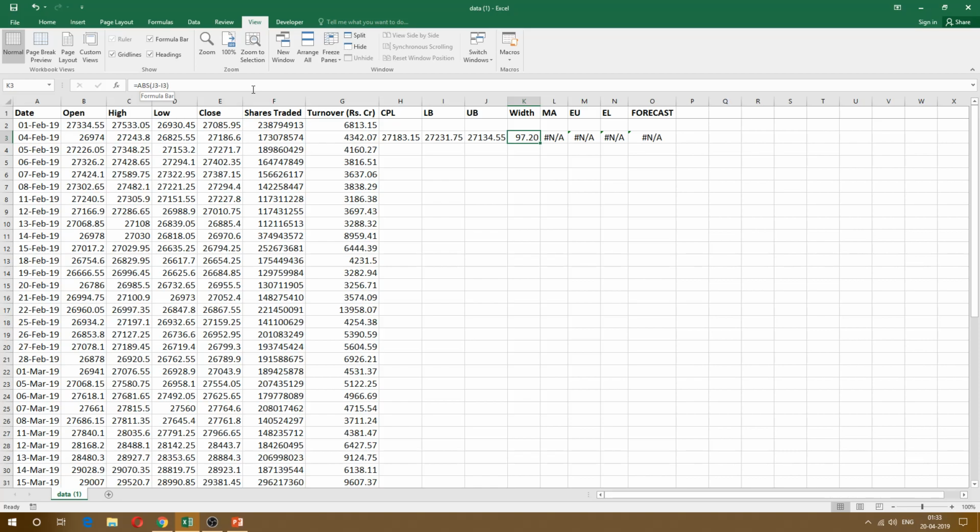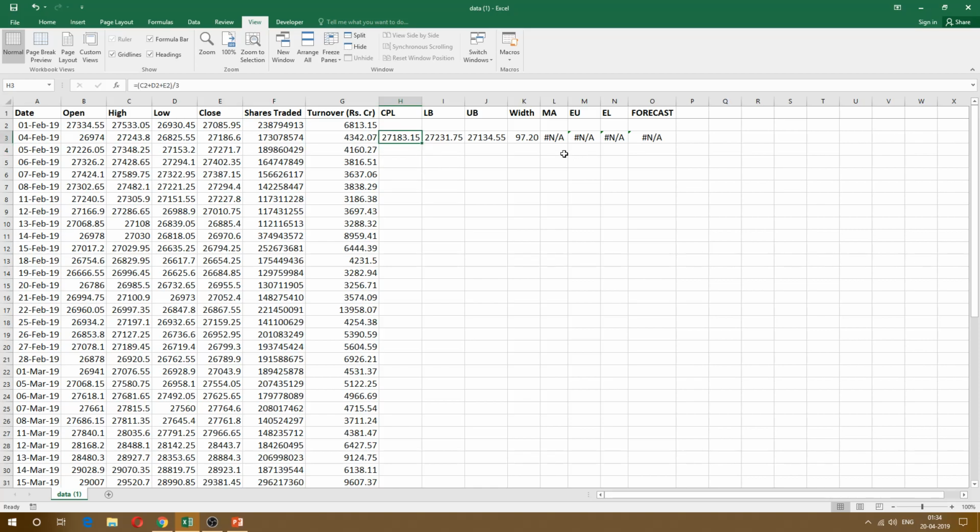Since we don't have the CPR readily available on Zerodha, an analysis which we could have done visually, we have to do mathematically. So that's how I'm going to teach you to implement this strategy.